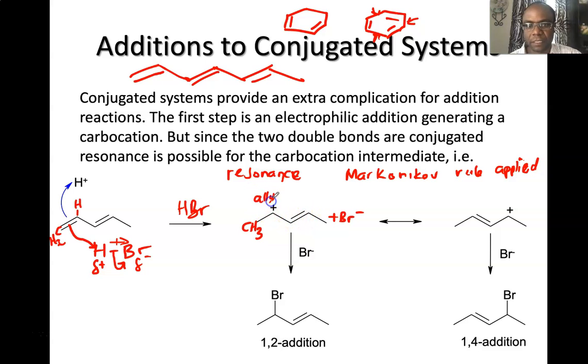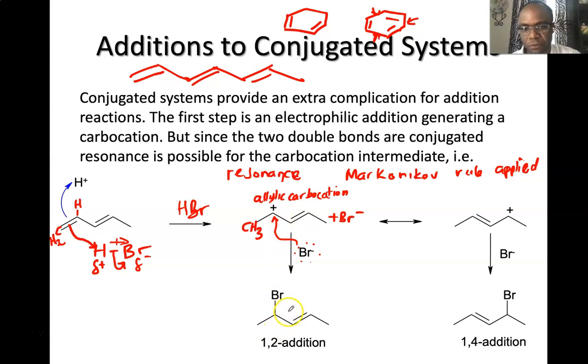Remember, we call this an allylic carbocation because it's resonance stabilized. In an earlier lecture, we talked about this allylic carbocation. So the Br that fell off is going to come back and use its lone pair to attack the carbon center. So you get this product.